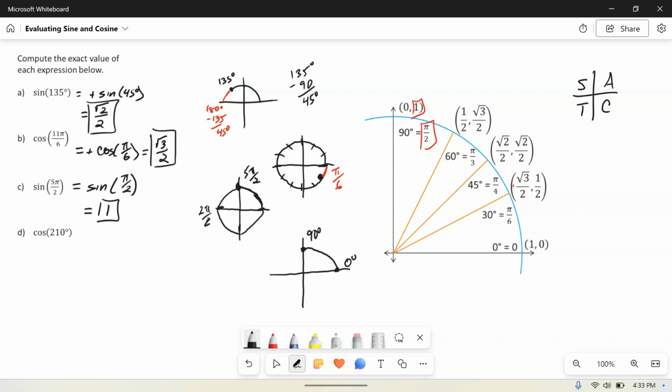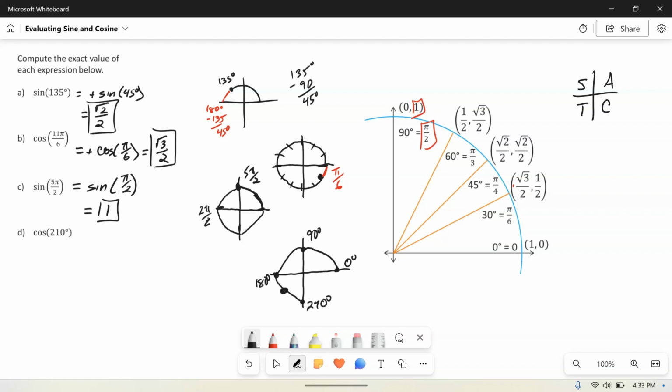So we haven't got to 210 yet. If we keep going, we'll get to the negative x-axis, which is at 180 degrees. We're almost to 210. And if we keep going to the negative y-axis, we'll have 270 degrees. So 210 degrees has to be between 180 and 270. Okay, so we're talking about a point down here in the third quadrant.